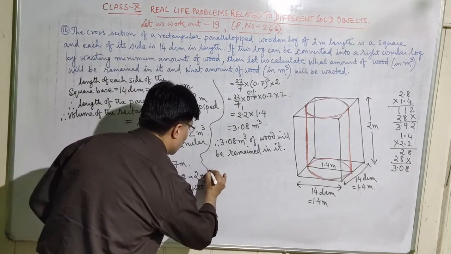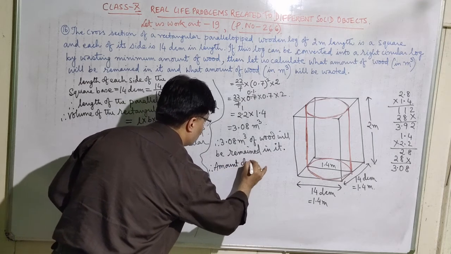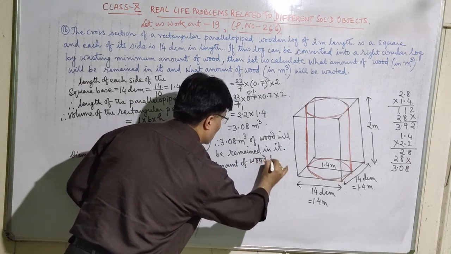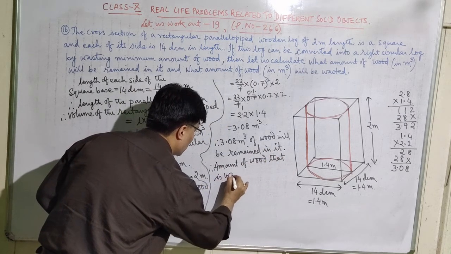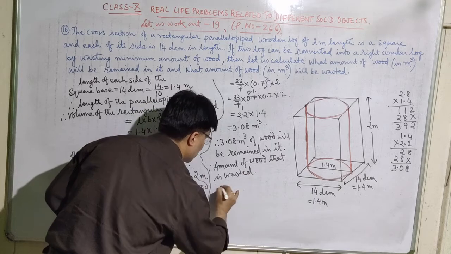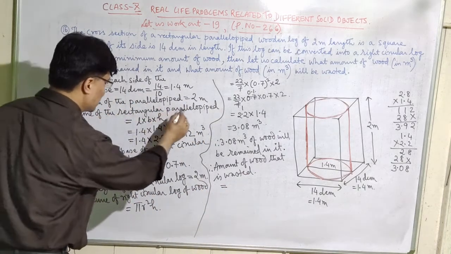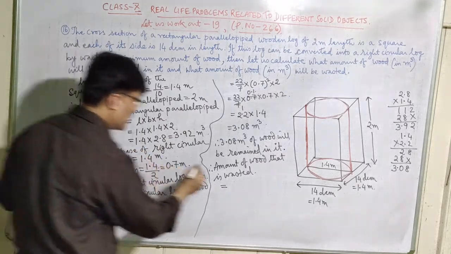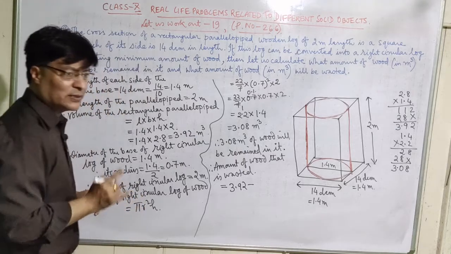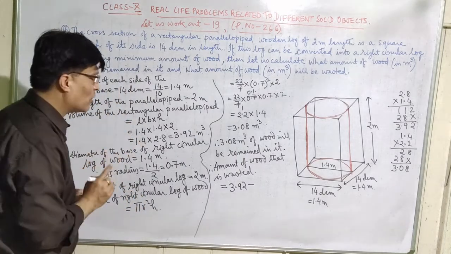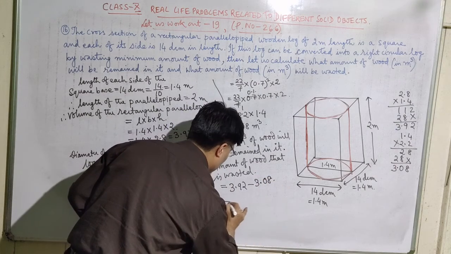Okay. So, therefore, the amount of wood that is wasted is equal to, what was the original volume of the rectangular parallelepiped? It was 3.92, minus, what is the volume of the right circular log of wood? It is 3.08.